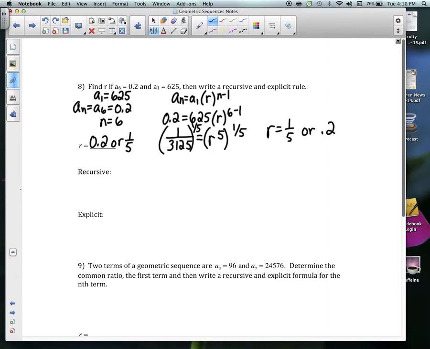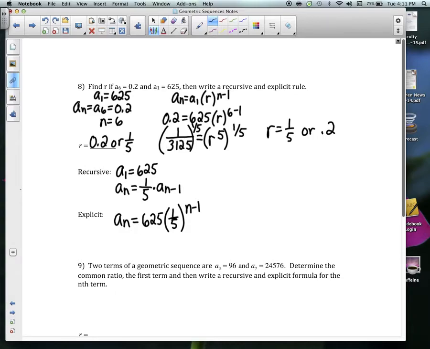Once we have that information, you're just doing a recursive and explicit. And that's it for that one.